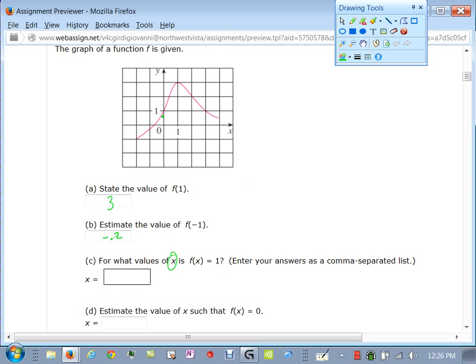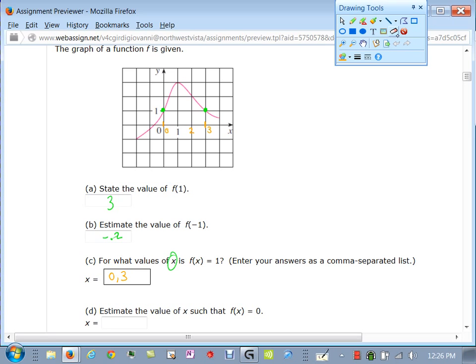If I go up to 1 on the y-axis and look at where my graph hits 1, it would be at these two points. The corresponding x values: this is 2, so 3. At 3, we're up here at 1, and then of course at 0. So x equals 0 and x equals 3 would give us 1 to come out.